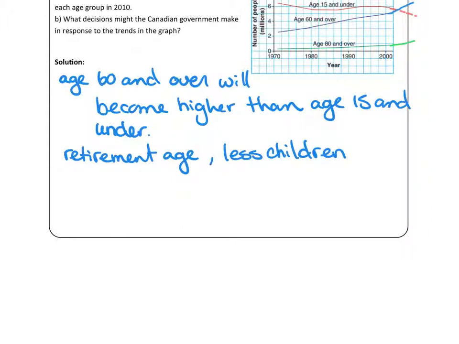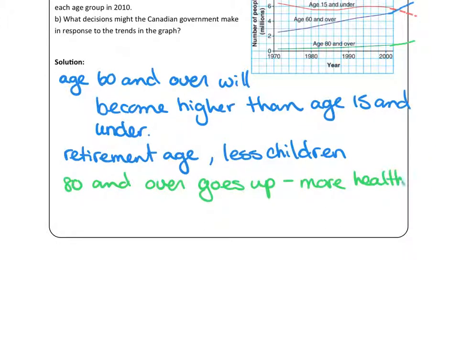And also notice that age 80 and over is going to go up as well. So I'm just going to make note, 80 and over goes up, so you might need more health care. So some things to think about if you were the government and you were looking at this: where is the age of some of those people, and how does it affect what's happening and who I'm going to target in terms of my spending and what services I'm going to provide.